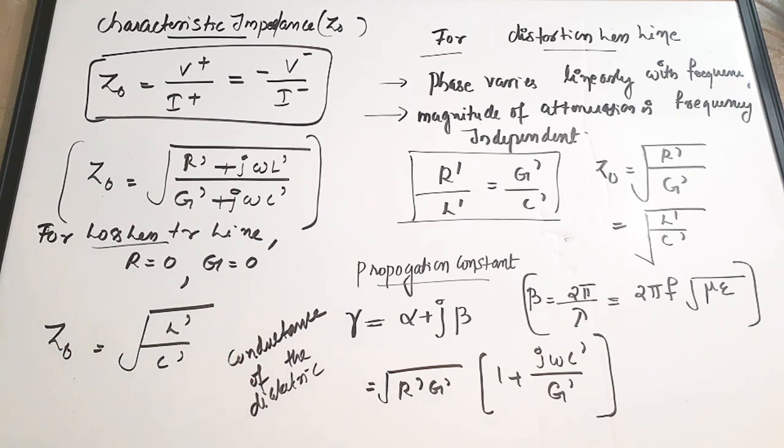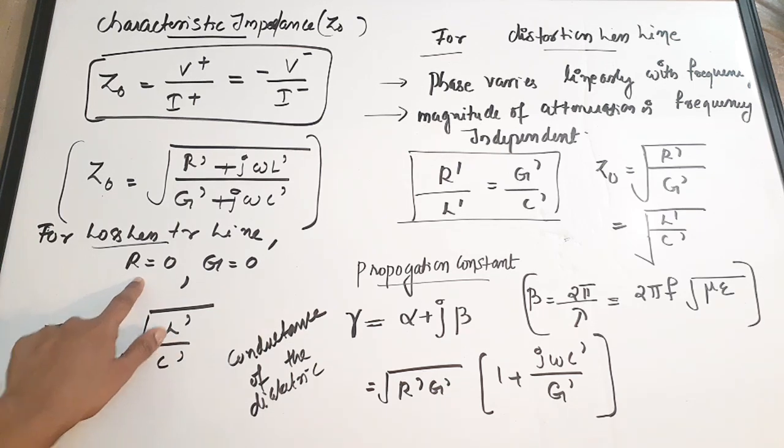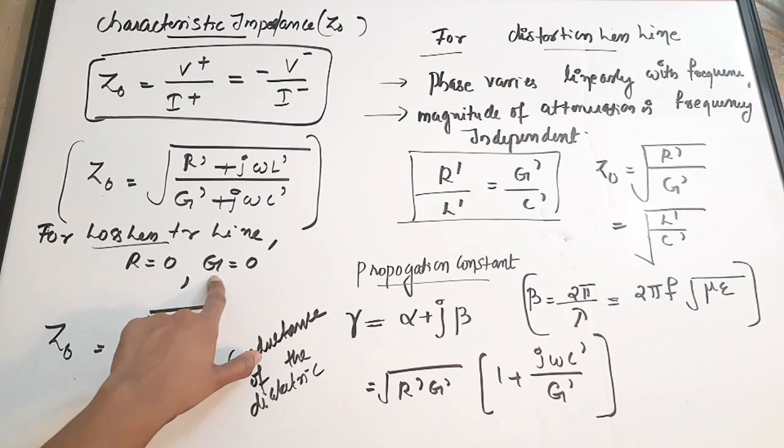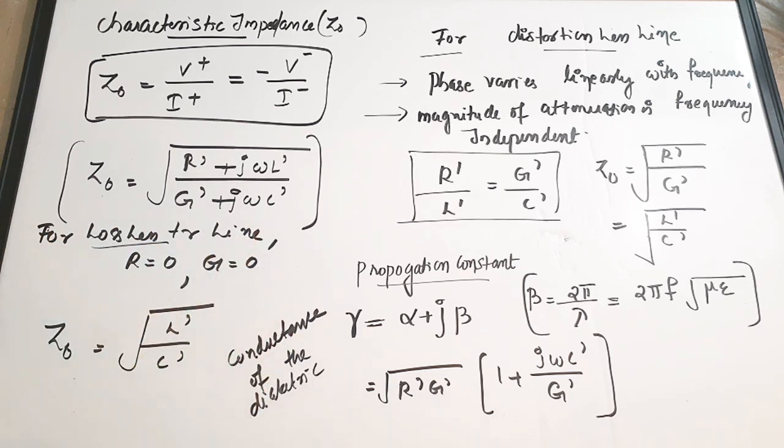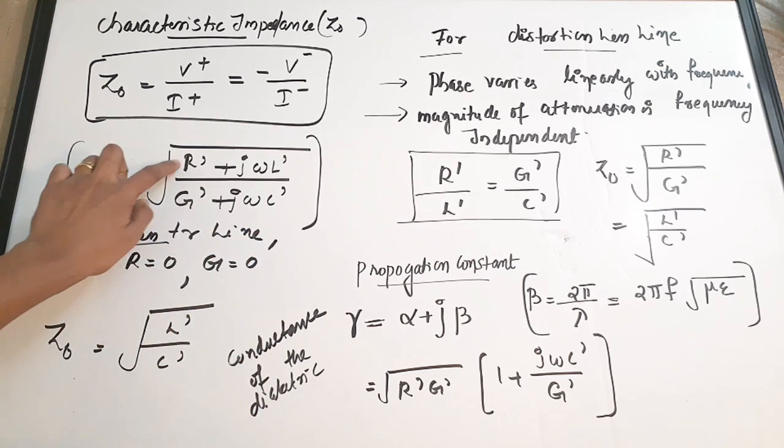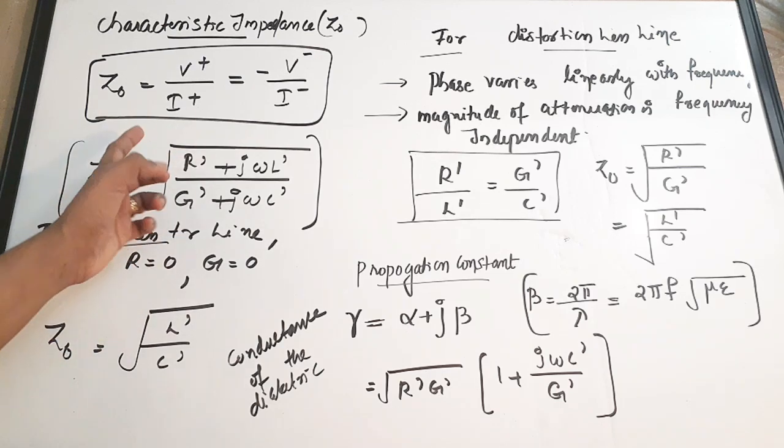Okay, so if these two things are hard to remember, just remember that R is equal to 0 and G is equal to 0 if the line is a lossless transmission line. So if you put R equal to 0 and G equal to 0, what will we get?